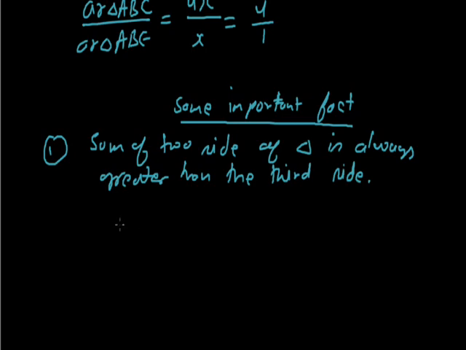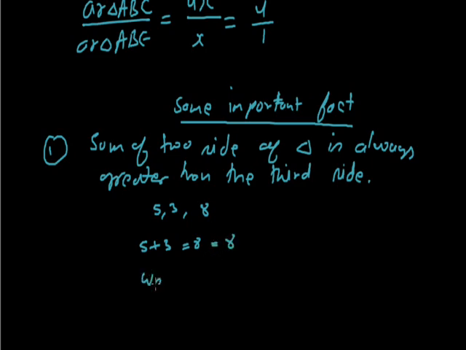That is, if we ask: can we make a triangle with the sides 5, 3 or 8? First we check, let's say 5 and 3. So 5 and 3 is 8, which is equal to the third side, not greater than the third side.